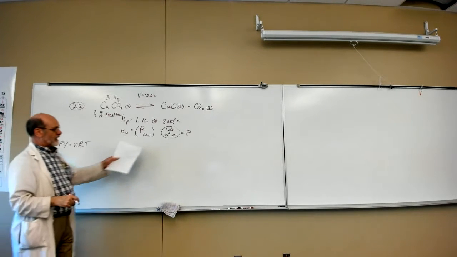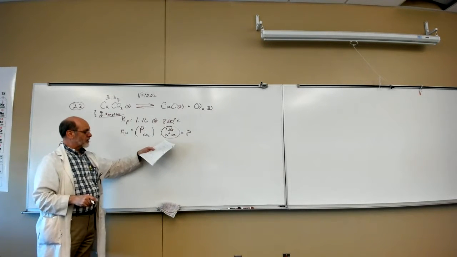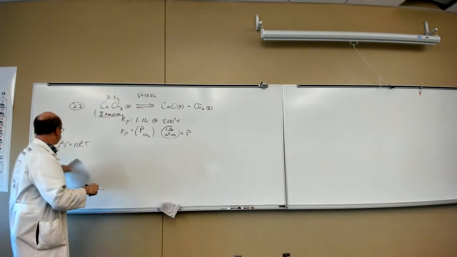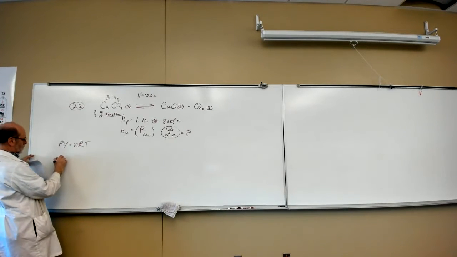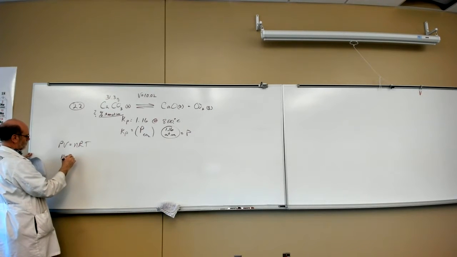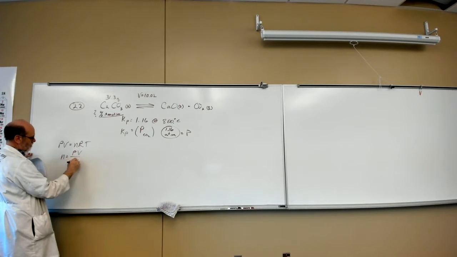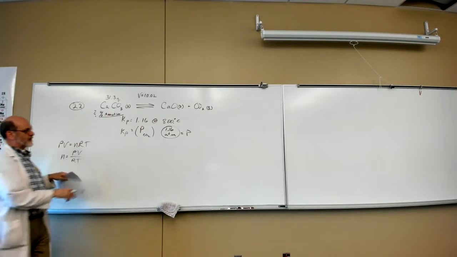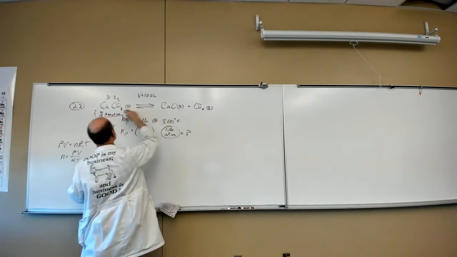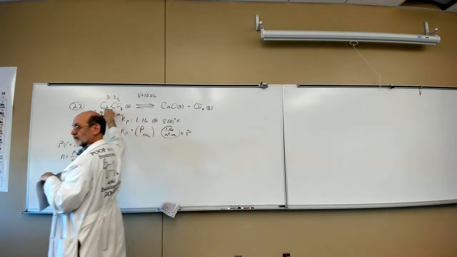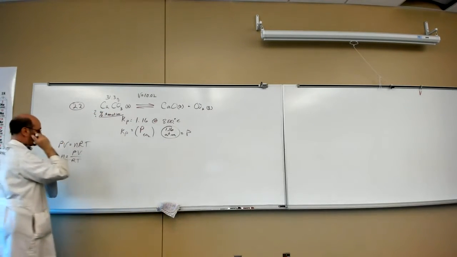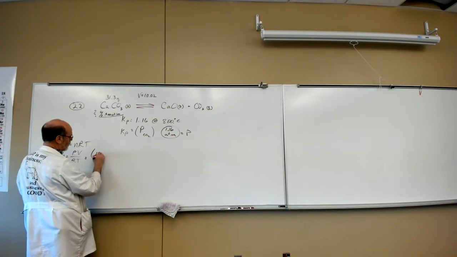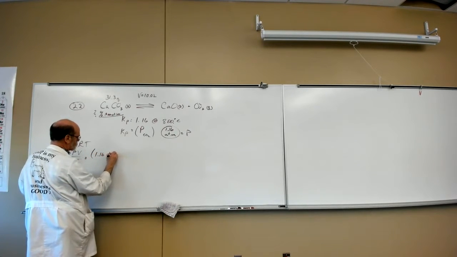So it's going to produce a partial pressure of 1.16 atmospheres in that enclosed vessel. We're going to solve for moles, actually. That's what we need to know: how many moles of CO2 are produced? Because that's the only way we can get back to how much of this was consumed to answer that question. So our partial pressure is 1.16 atmospheres.